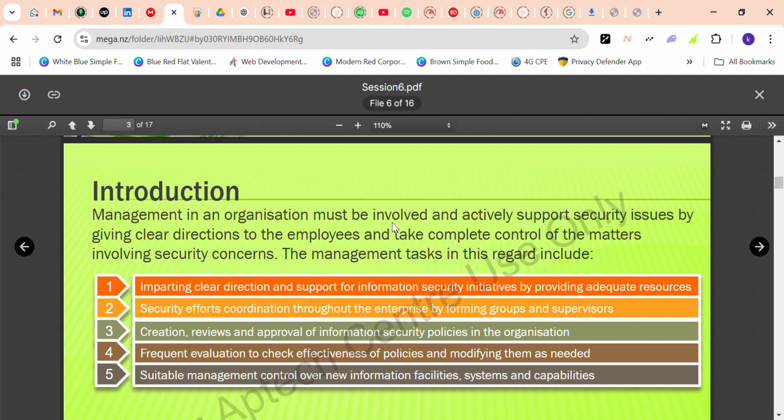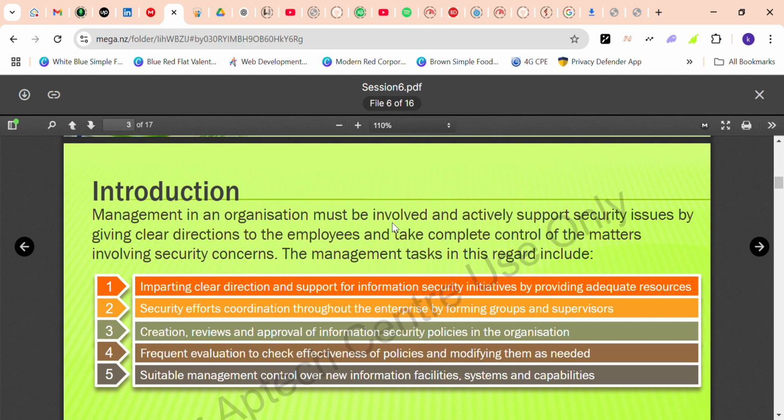Here is where we will have the team lead, a group, the team members, and the supervisors according to the organization structure. They are also the ones to arrange that. Number three, creation, review, and approval of the information security policy in the organization.